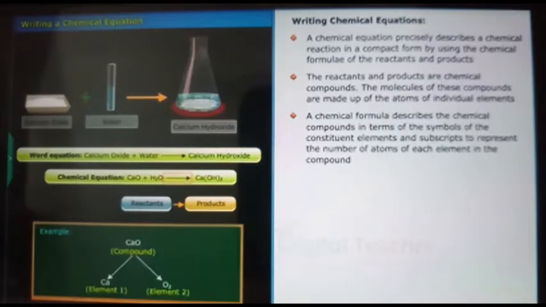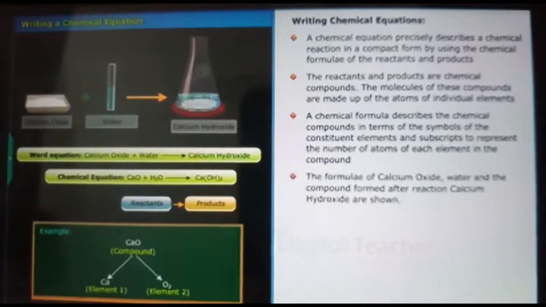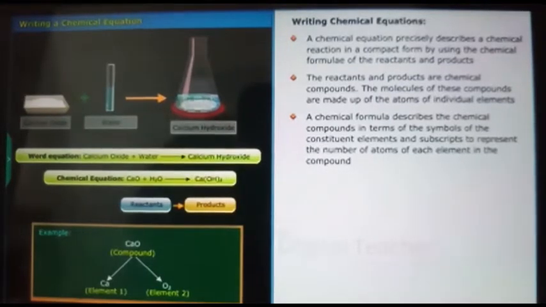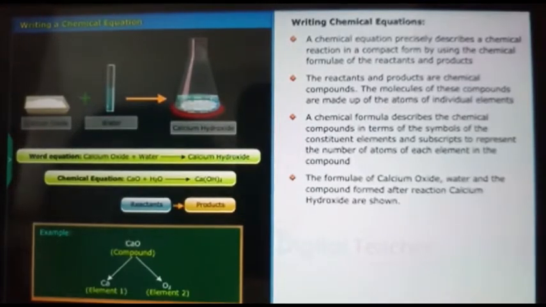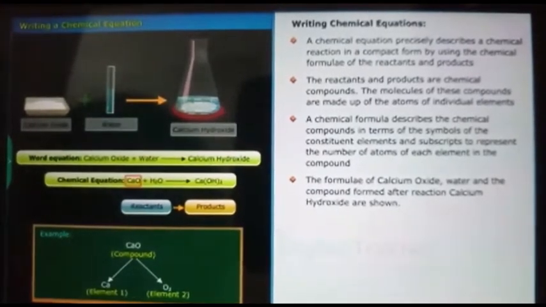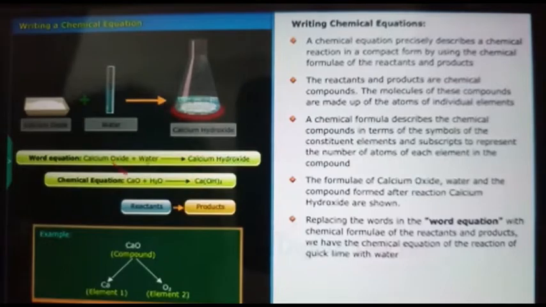The molecules of these compounds are made up of atoms of individual elements. A chemical formula describes the chemical compound in terms of the symbols of the constituent elements and subscripts to represent the number of atoms of each element in the compound. The formulas of calcium oxide, water, and the compound formed after the reaction, calcium hydroxide, are shown.